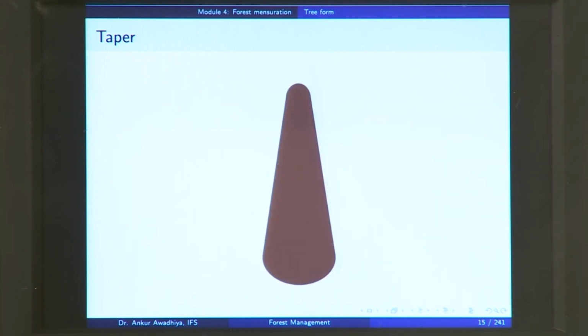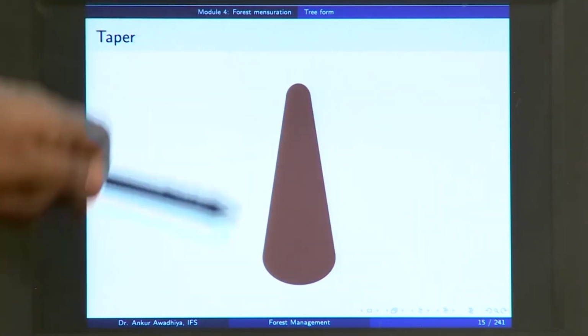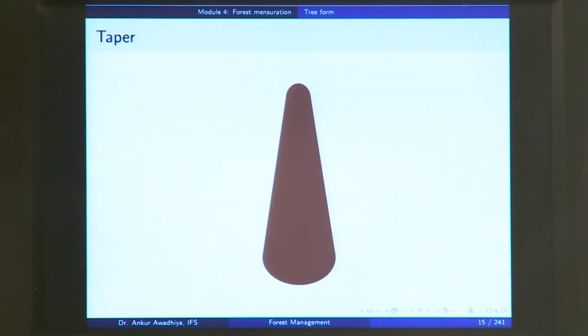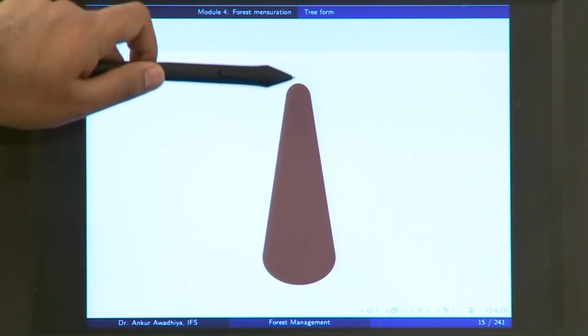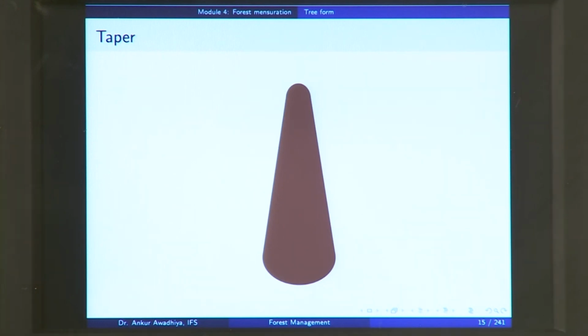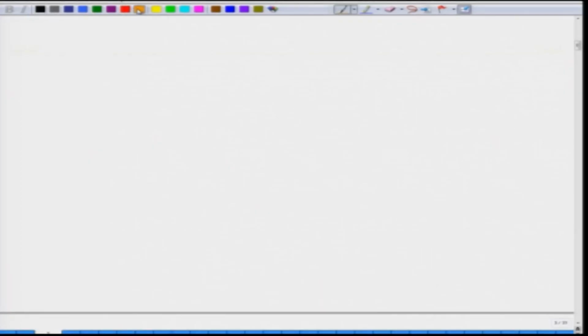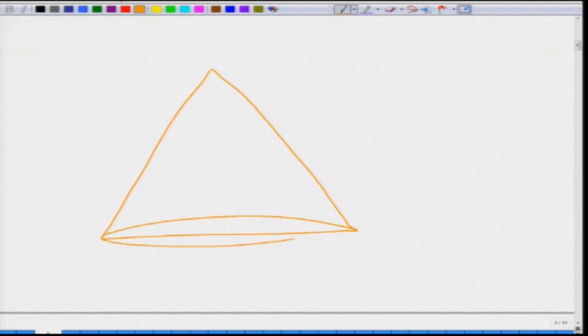So, what we are saying here is that if you look at this particular form, it is a frustum of a cone. Now, as you are moving up, the diameter is reducing, and in this case, so let us draw this shape. Now, the diameter at this point is d 1, the diameter here is d 2.